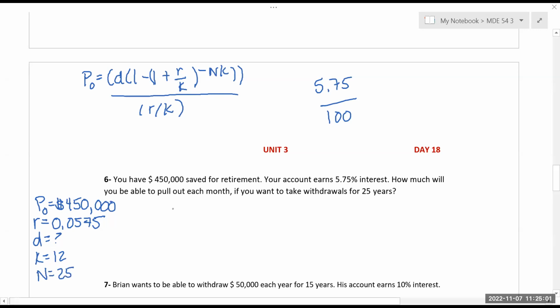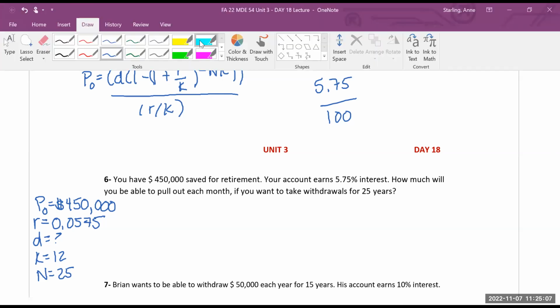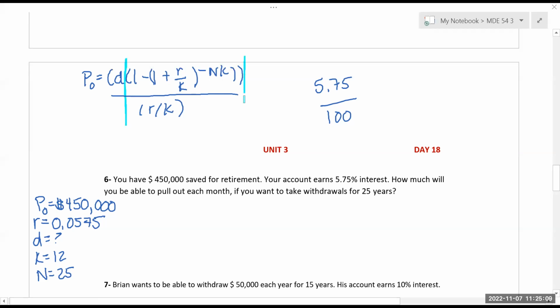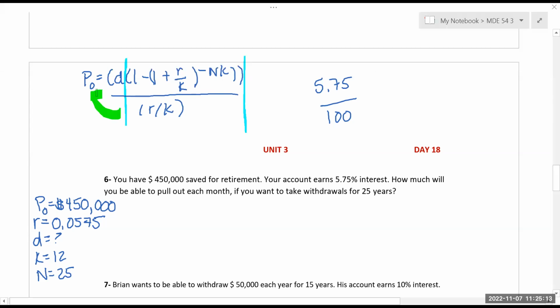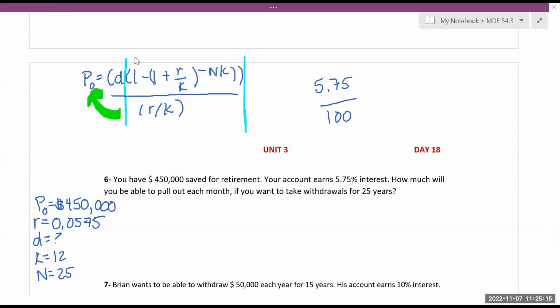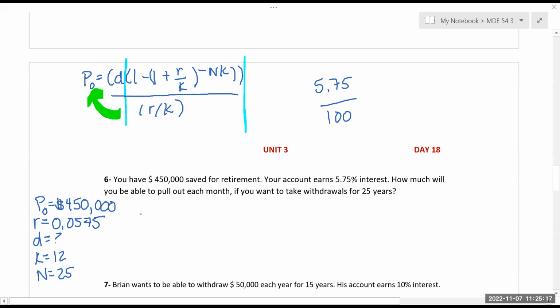Okay, so here's one like in the previous video where you actually have to solve for D. So to solve for D, we're going to go through and actually solve this piece and then divide P0 by it. So then we're going to take it into that P0. So it's 450,000. D is now out. I'm going to remove one set of parentheses from the outside and put the rest in.